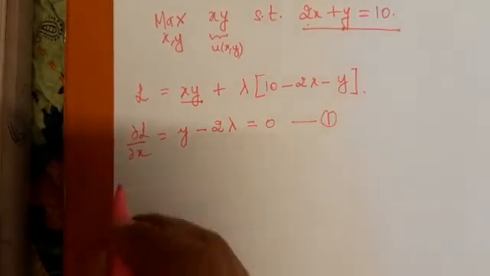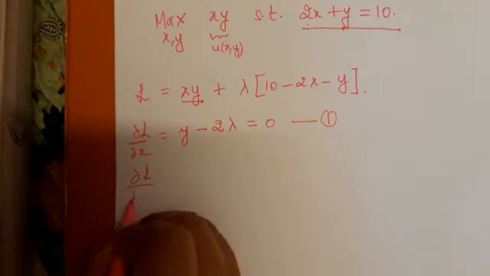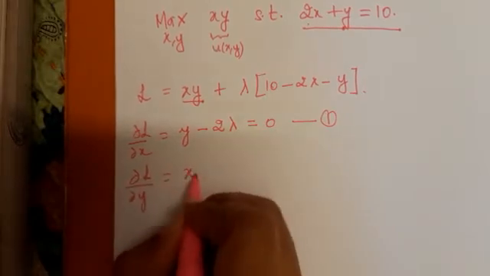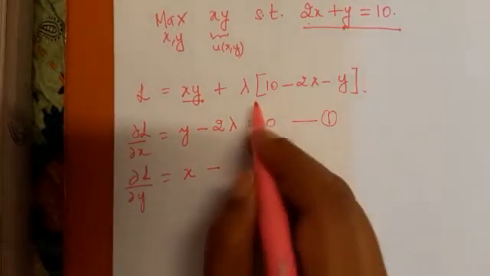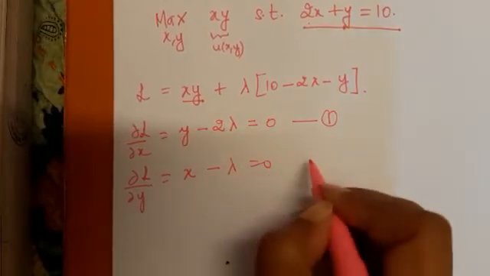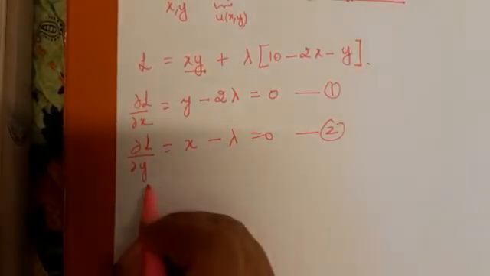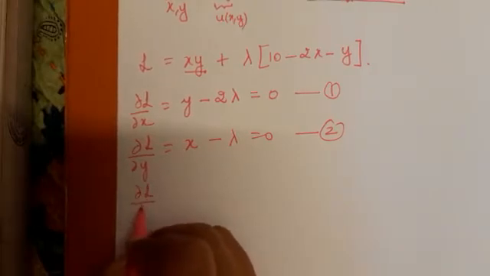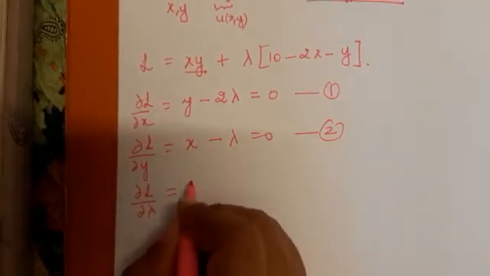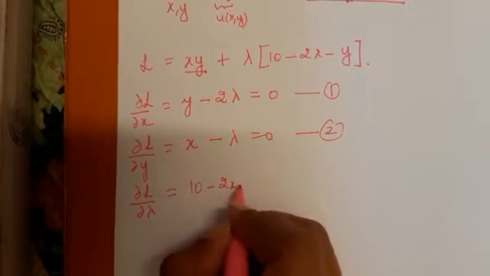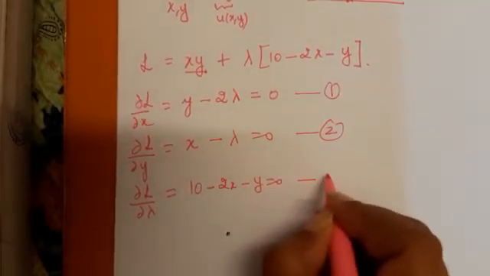Let's call this equation 1. Partial L by partial y is equal to x. Then I get minus lambda, put that equal to 0. Let's call this equation 2. Then we have partial L by partial lambda, which then gives us a constraint. That's 10 minus 2x minus y equal to 0.